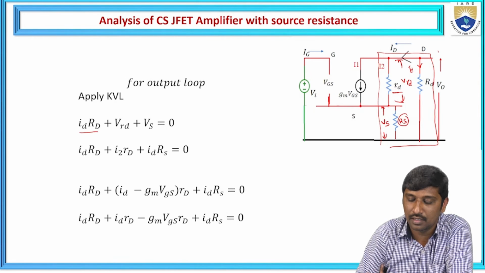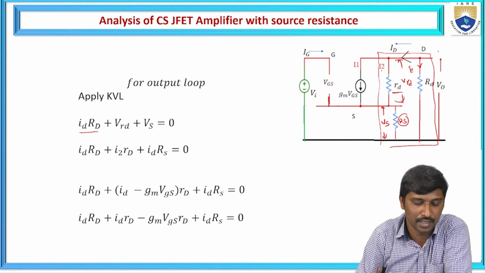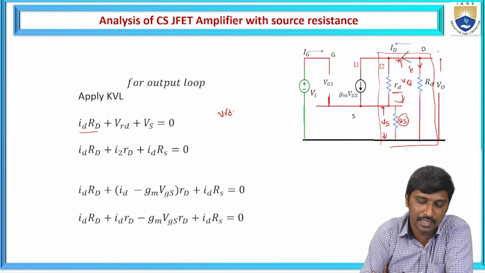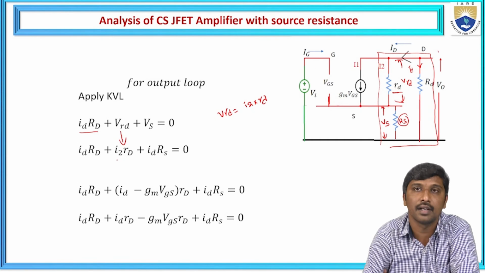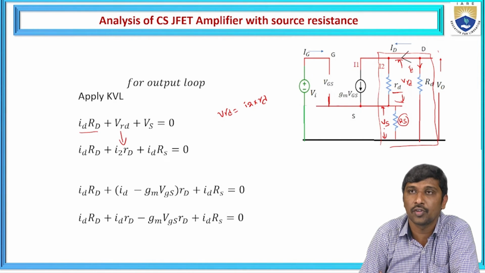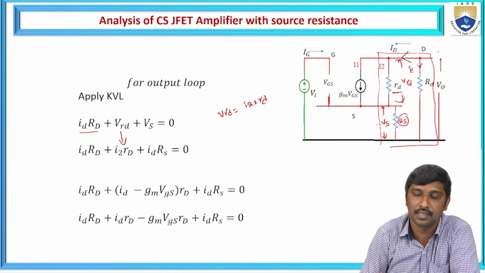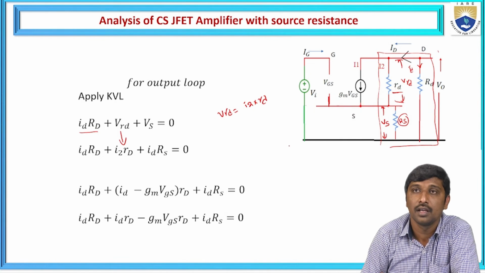Now we know that the internal resistance carries the current I2. Hence this VRD is represented as I2 into small rd. And just now we observed that Vs, the voltage drop across the source resistance, is ID times RS.